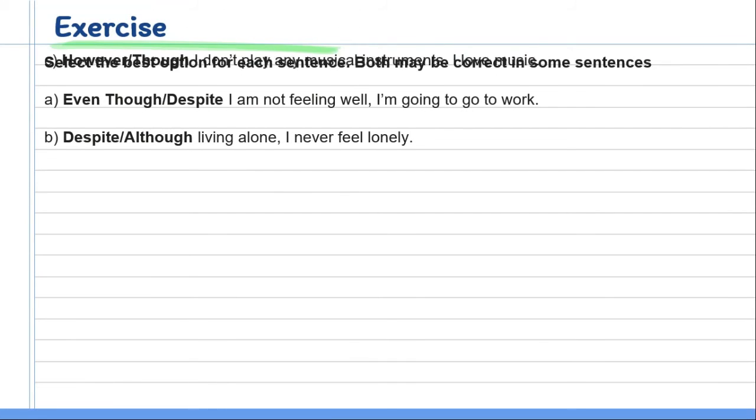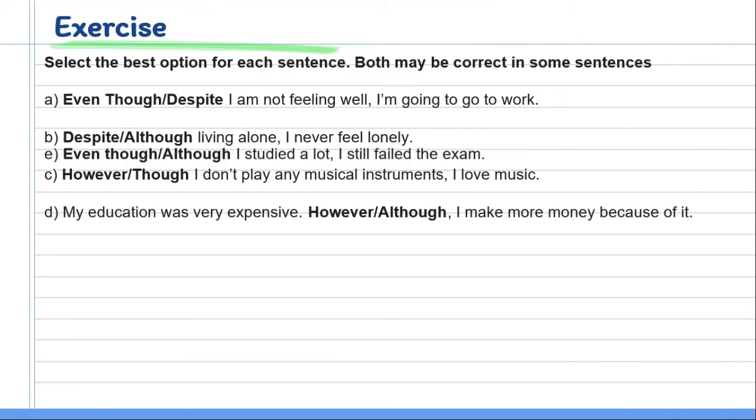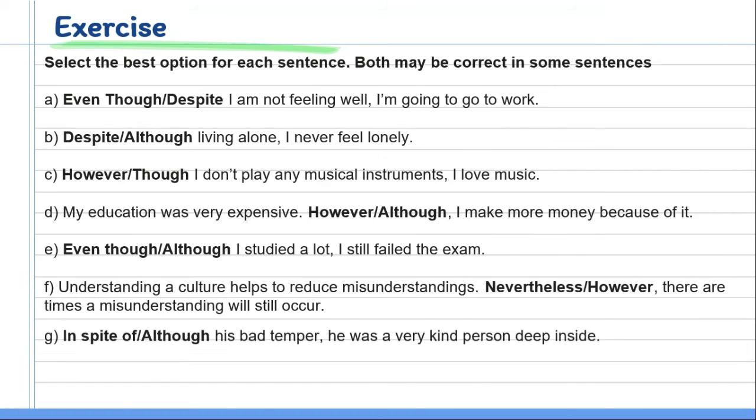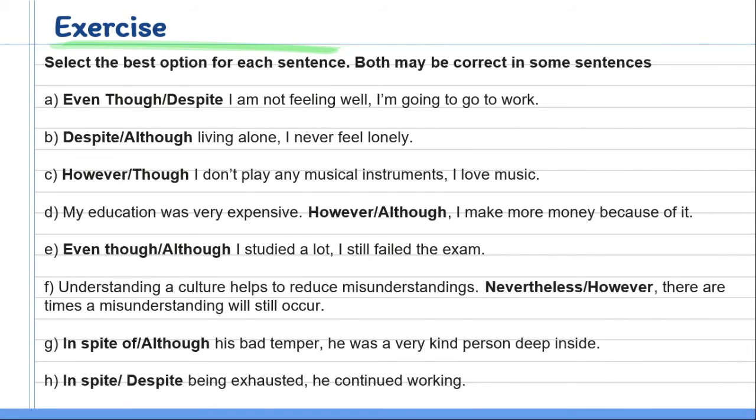Now, for the exercise that you are going to do today, please screenshot this screen. There are A, B, C, D until H. Please screenshot the screen and then send the answer later to me on Google Classroom.